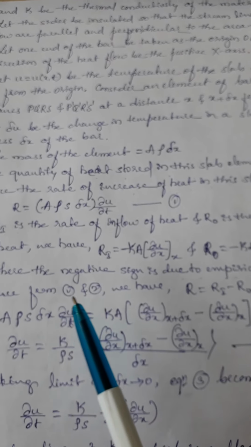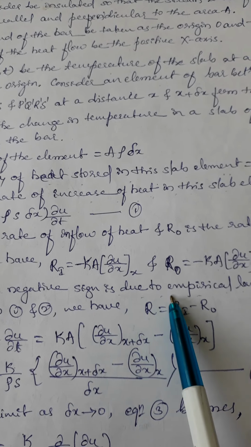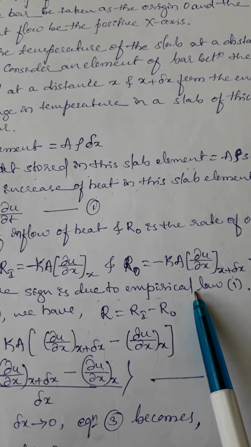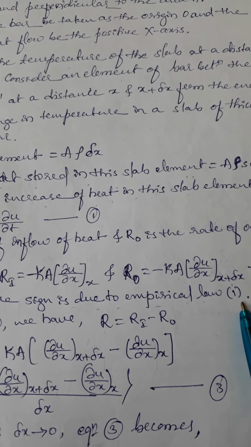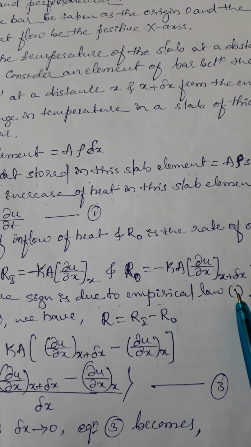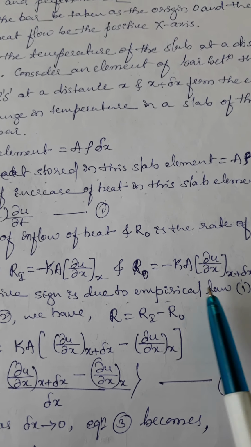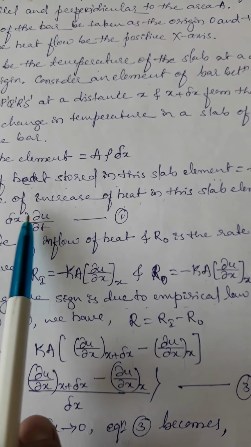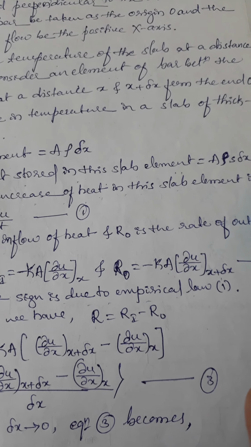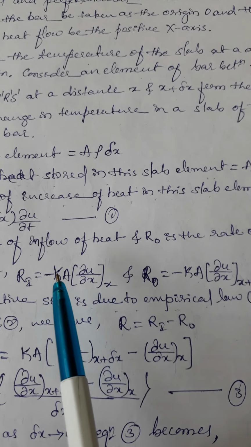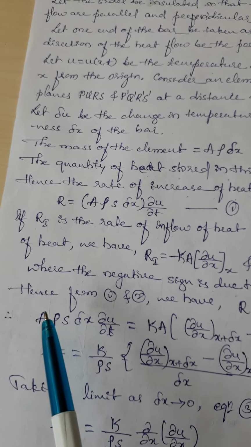The negative sign is due to the first empirical law, that heat flows from higher temperature to lower temperature, but here the heat flows from lower temperature to higher temperature, therefore it is a negative sign.